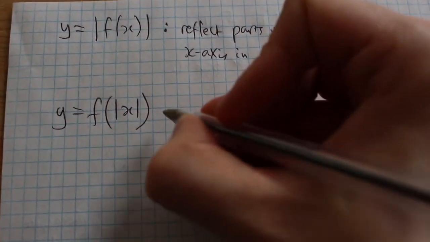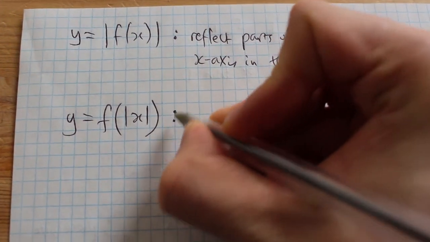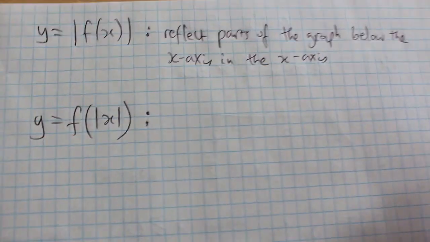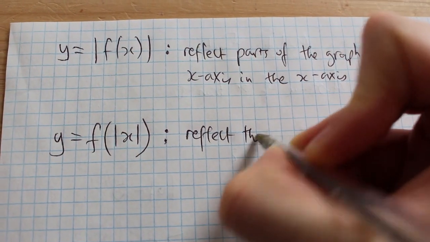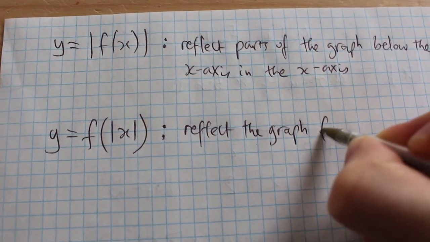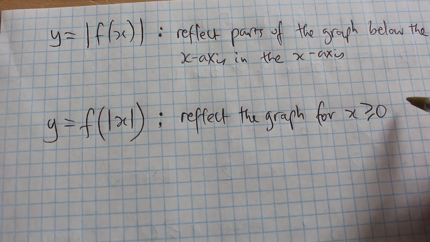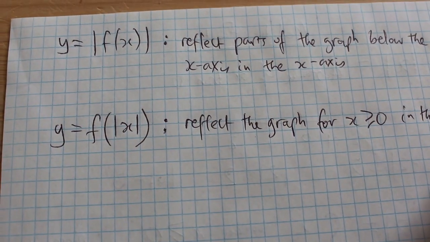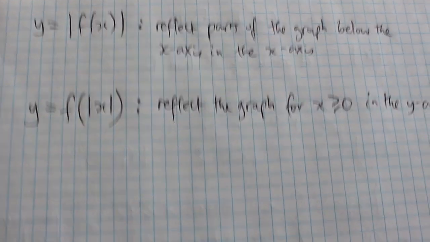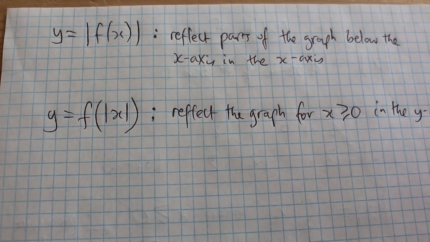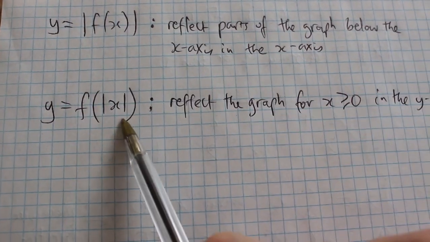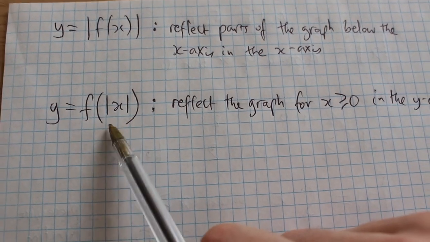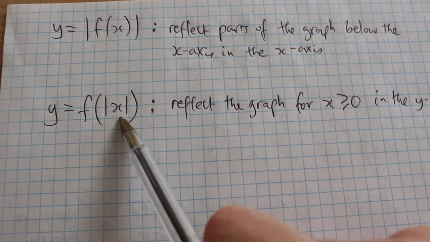And if we want to draw y equals f of the modulus of x, we need to reflect the graph for x greater than or equal to 0 in the y-axis. This is because if you want to work out f of the modulus of -7, for instance, the modulus of -7 is 7.